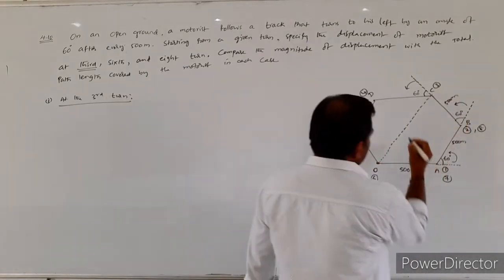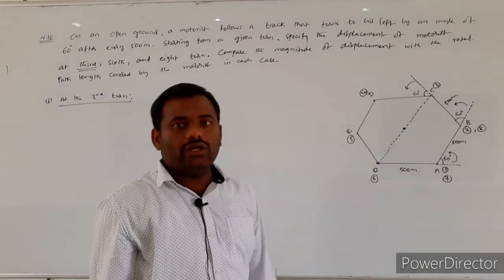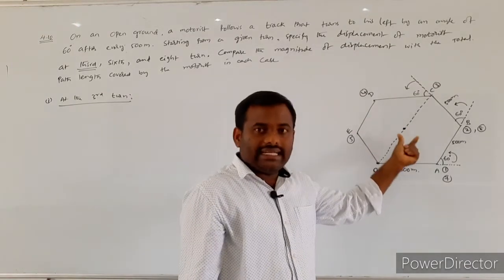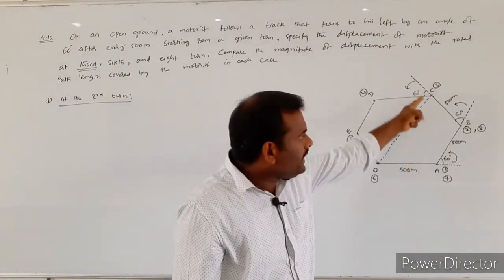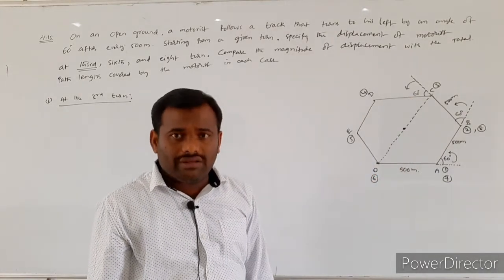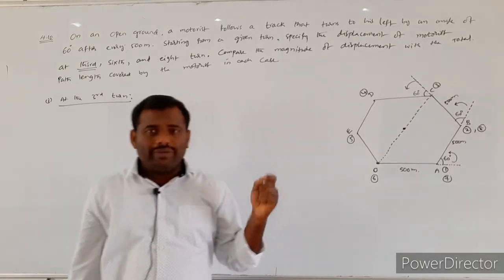we know that the distance from the center of the hexagon to any one of the corners will remain the same. Again, this comes from mathematics geometry.